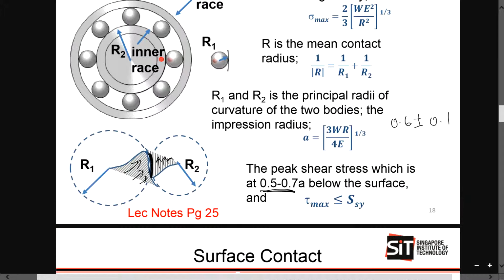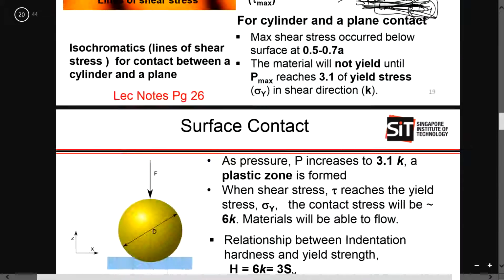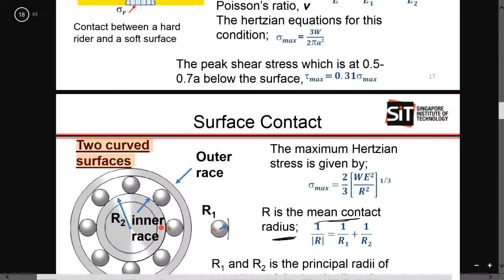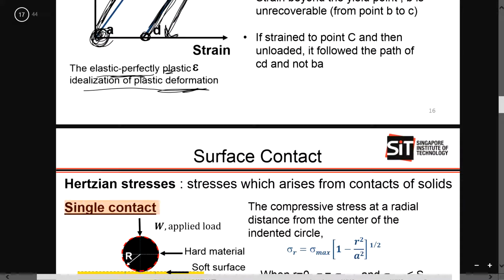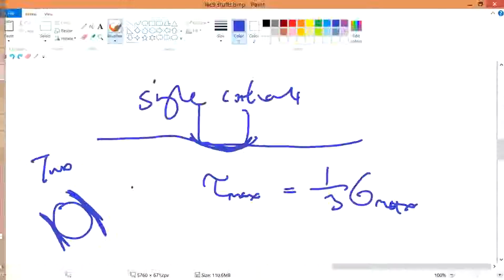So as you think about it, the mean contact radius will be in between them, so it's trying to give the overall average. I don't know how to draw, but at least you get the meaning of that also. So I think that is it for the two curved surface part. The previous video was a single contact, so now it's two curved surfaces.